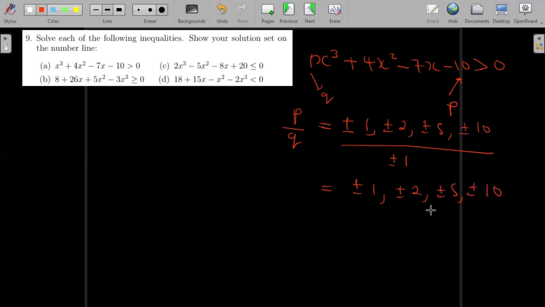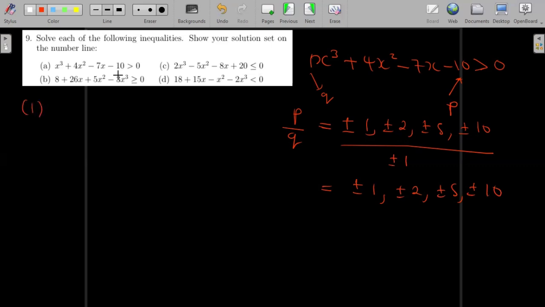Then what you do is you get one of these numbers here, and after getting this, you're going to replace it in this polynomial here, and you see which one will give you 0. Okay, so for the sake of testing, though I did test them, let's say we get 1. I replace 1 here.